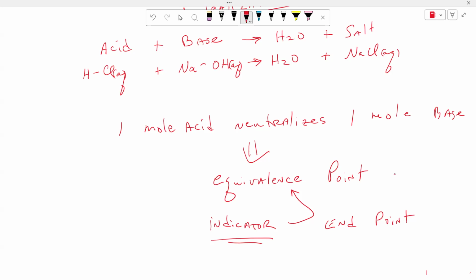It's a very cool color. And what you do is you keep dropping the base in until this neutralizes. At that point, the indicator turns pink. So then you stop.